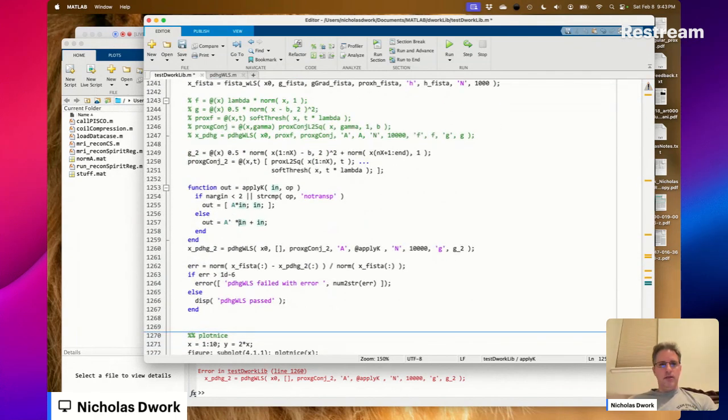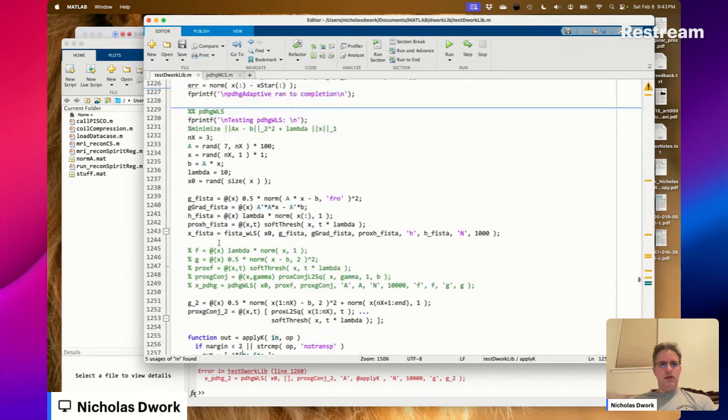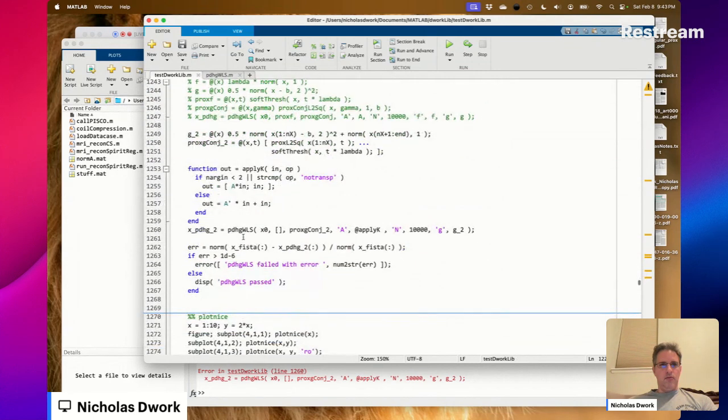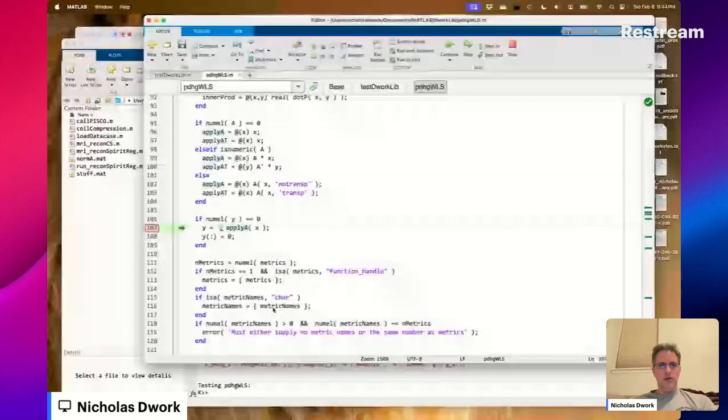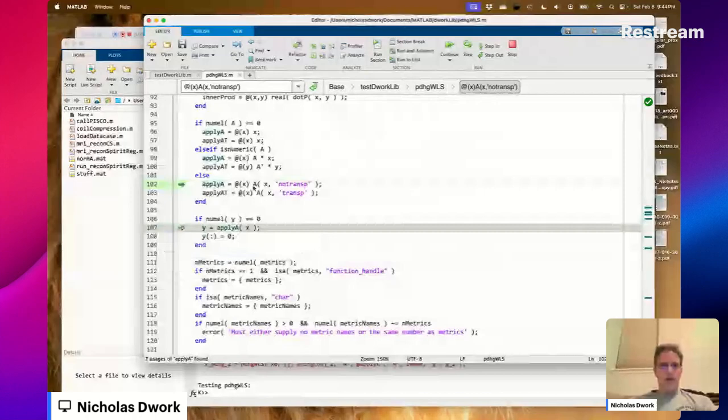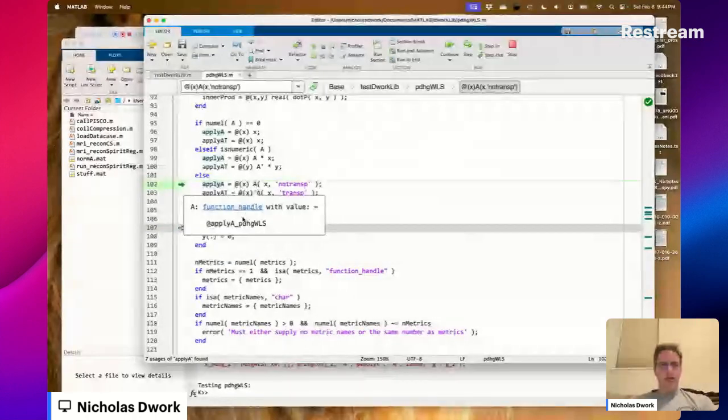Oh my goodness. I genuinely don't know the issue. Okay. This apply A is a function handle. The A is apply A, PDHG with line search.